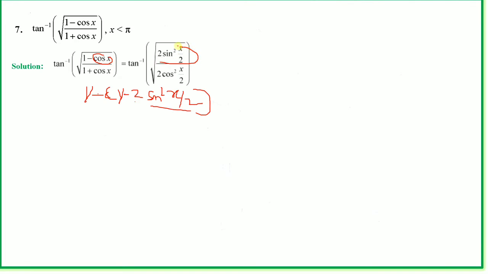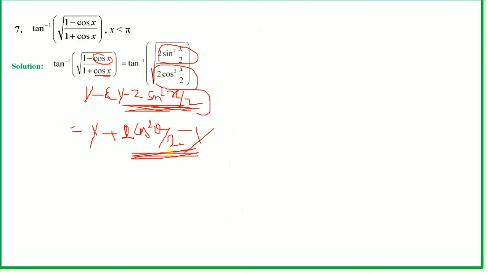This is the numerator. And in the denominator, we have put 1 outside plus the value of cos x in that format, which is 2 cos square x by 2 minus 1. The earlier one is for cos x in terms of sin x, and this is for cos x in terms of cos x. Now this 1 and this 1 cancel. Here we have 2 cos square x by 2.